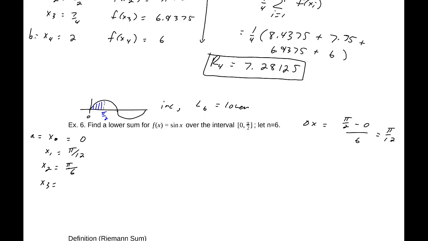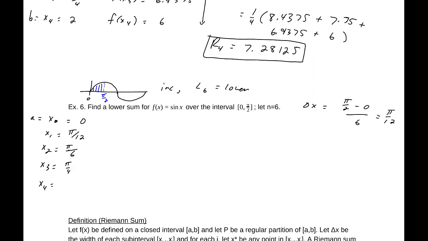That would be 3 pi 12ths, which would be pi over 4. We have 6 intervals, but once we hit pi over 2, we know we're there. That would be 4 pi 12ths, so pi thirds, 5 pi 12ths, and 6 pi 12ths, or pi over 2. So there is our last endpoint.